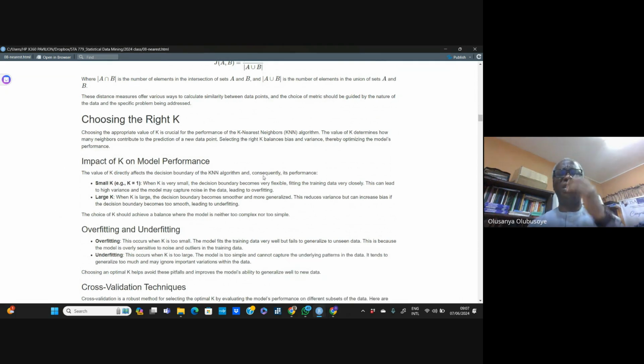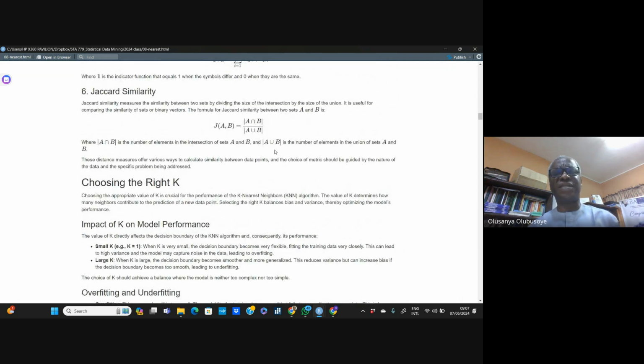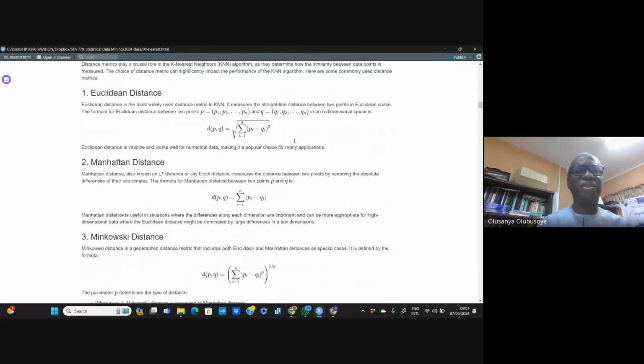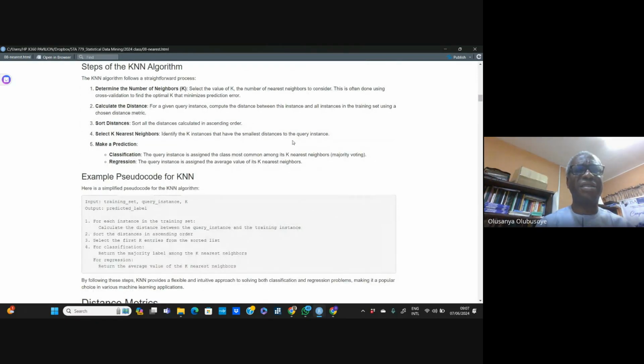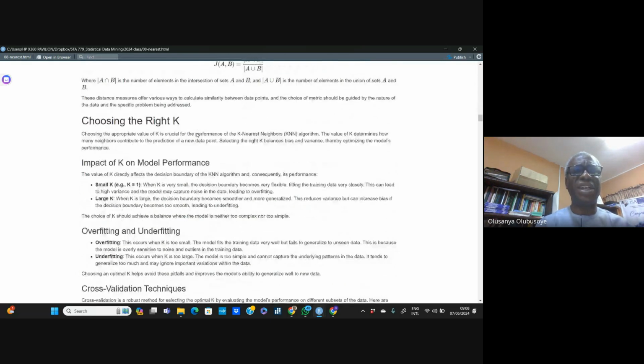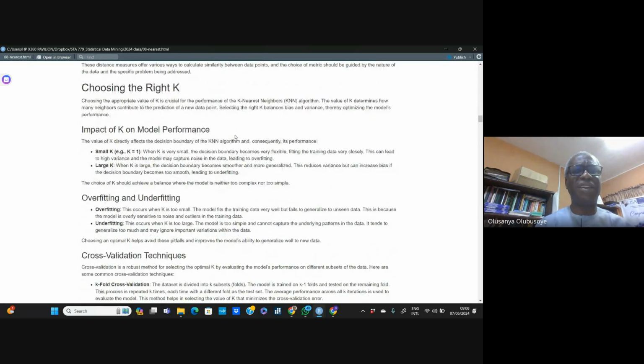So after computing the distance, the next step, according to the steps listed, is to sort the distances and select the k nearest neighbors. Now, choosing the right k is very important.